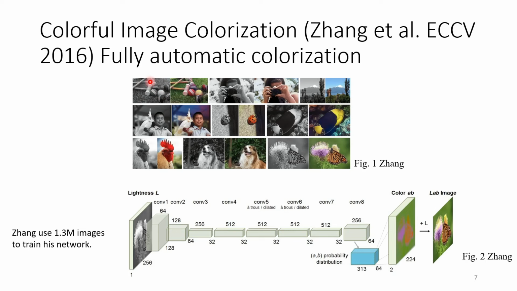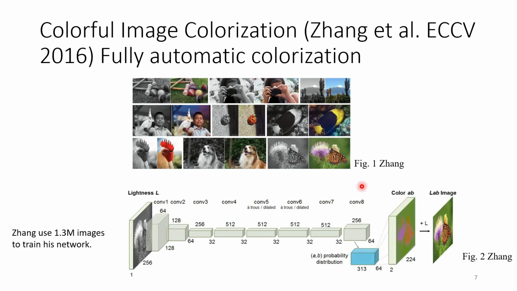So this is an automatic colorization algorithm. Here, what is the input? The input is a grayscale patch, 255 by 255. And what is its target? The target is the values on the AB channel of the LAB color space.